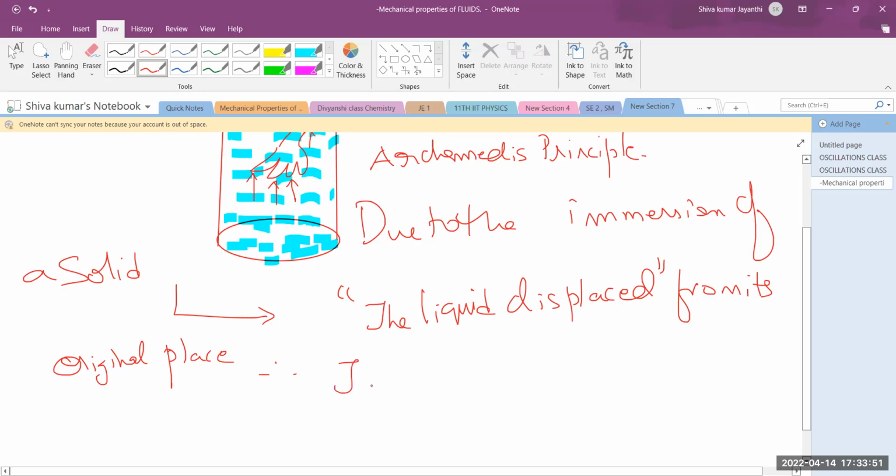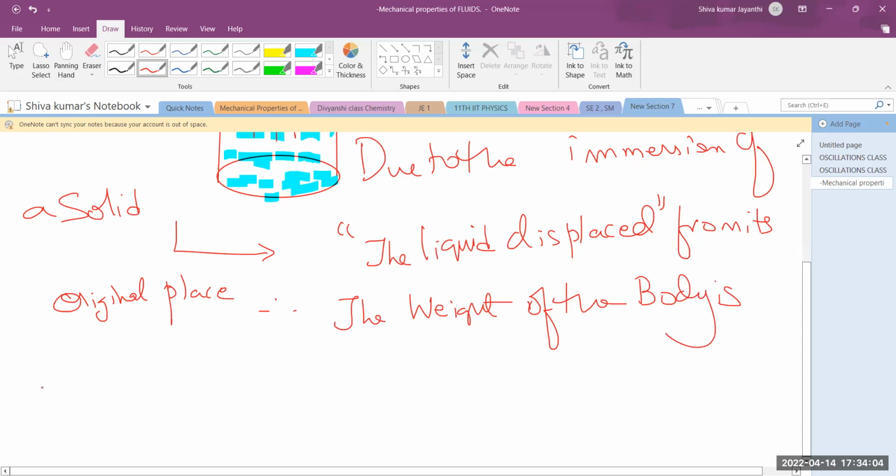Therefore, the weight of the body is less. Weight of the body, which is the solid body, is reduced by how much? For example, a 10 kg body is there.